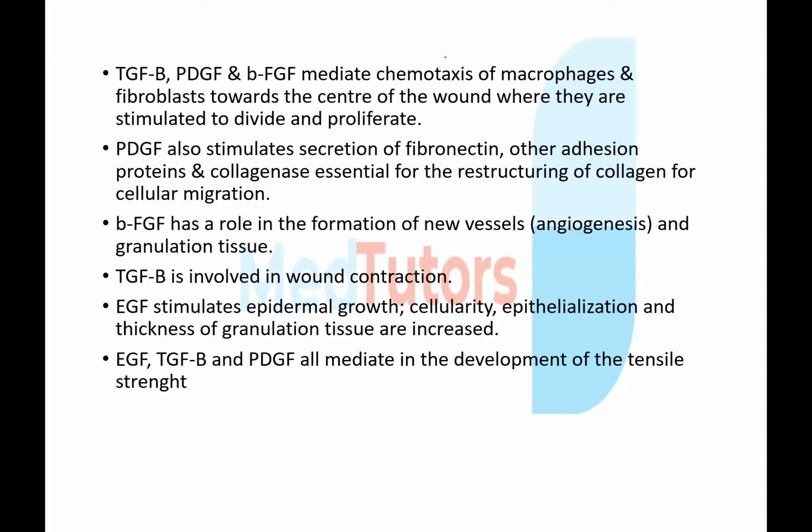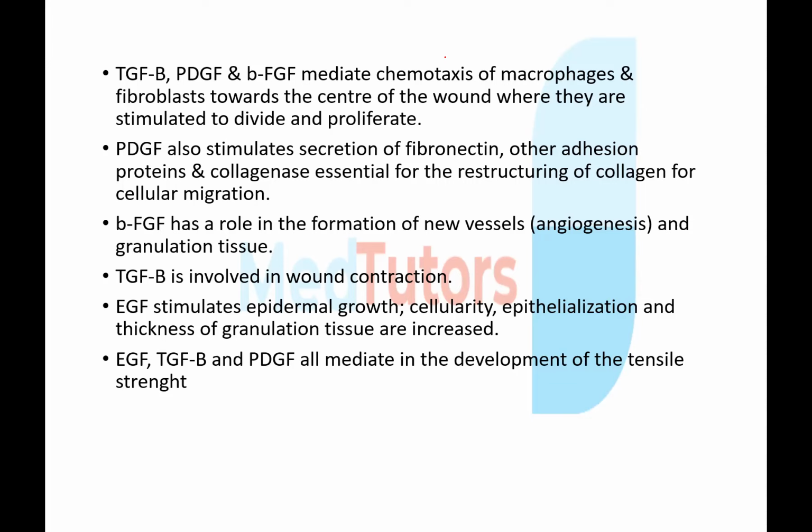Transforming growth factor beta, platelet-derived growth factor, and basic fibroblast growth factor mediate chemotaxis of macrophages and fibroblasts towards the center of the wound, where they are stimulated to divide and proliferate. Now, you need to know the function of all these mediators because of multiple choice questions.